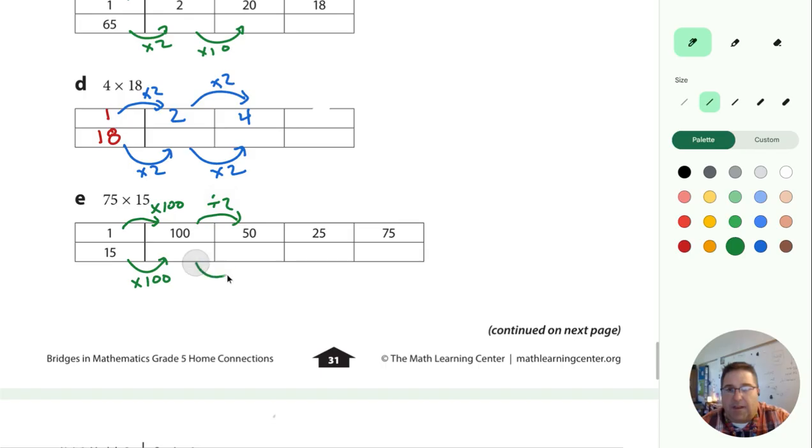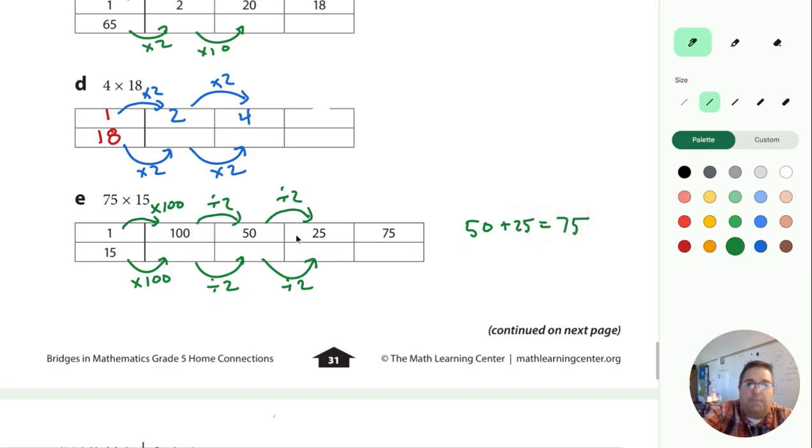So just cut that in half. Then to go to 25, guess what? You're going to cut it in half again. So once we have one number on here, we can start playing around with it. And then you get 75. Oh, look, 50 plus 25 is going to be that 75, right? So whatever your number.